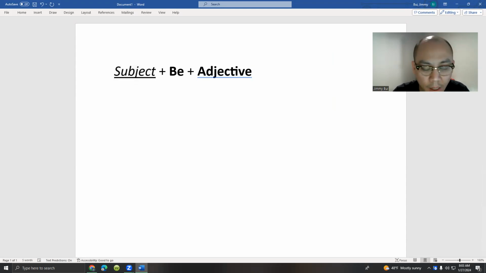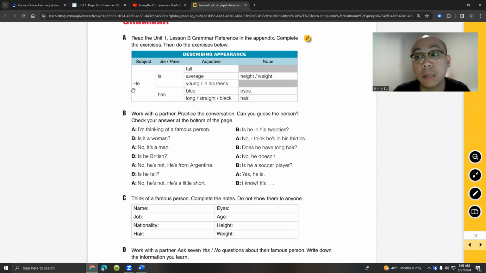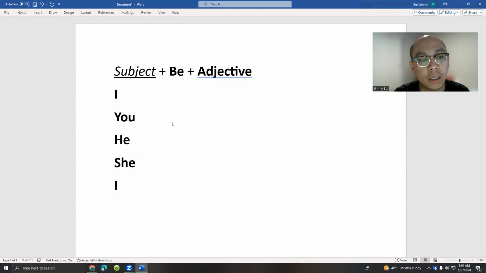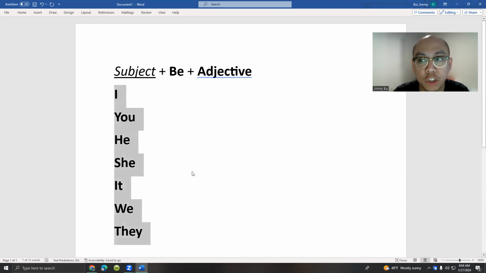Okay. In the book here, it uses the subject he, which is a third person singular subject pronoun. Our subject pronouns are I, you, he, she, it, we, they. And for each subject pronoun, the form of be changes.